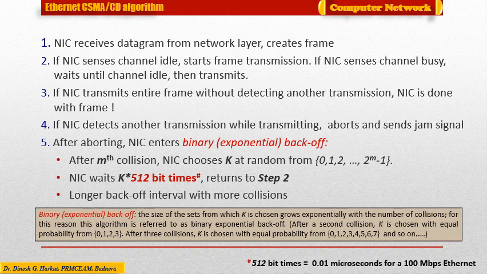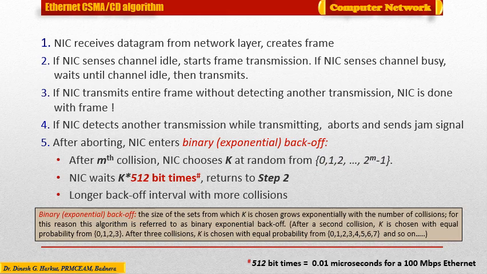The best solution is the binary exponential backoff algorithm, which is used in Ethernet and elegantly solves this problem. Specifically, when transmitting a frame that has already experienced a collision, the node chooses the value k at random from the set 0, 1, 2 up to 2 raised to m minus 1.